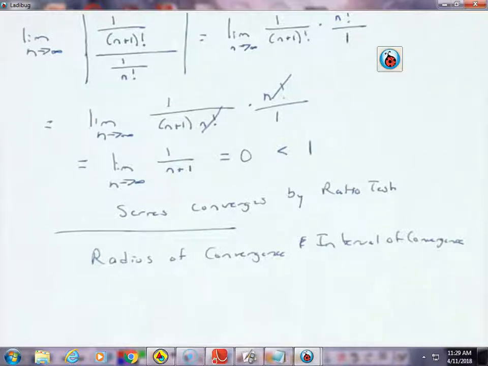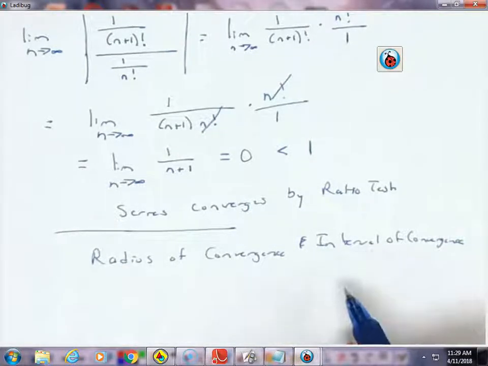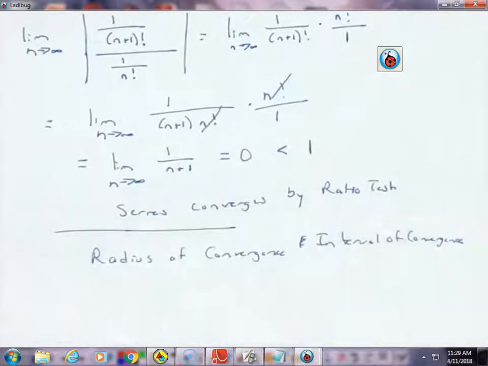You might get the radius of convergence is infinity, which means that it works for all real numbers. You might get a radius of convergence of, say, 5, or something like that. And that's the case when you're going to have to test the endpoints to see if they're included or not, and find that interval of convergence. It might be between 5 and 10 or something like that.